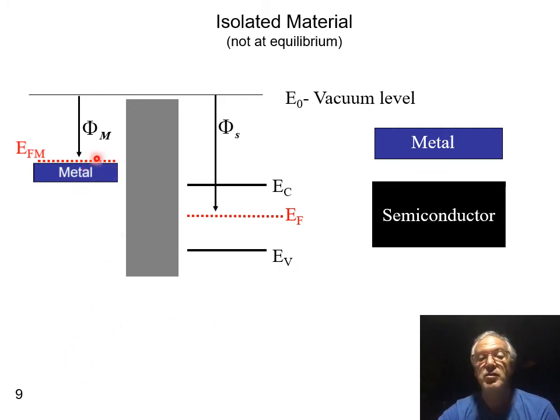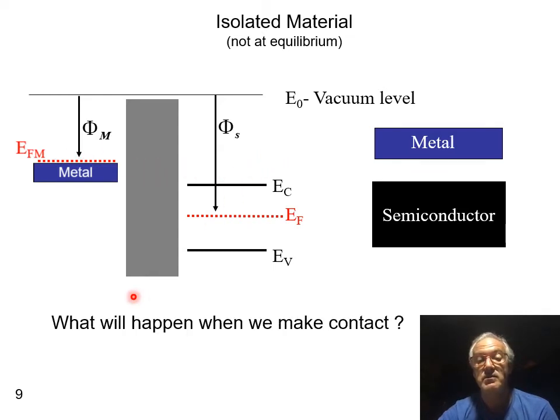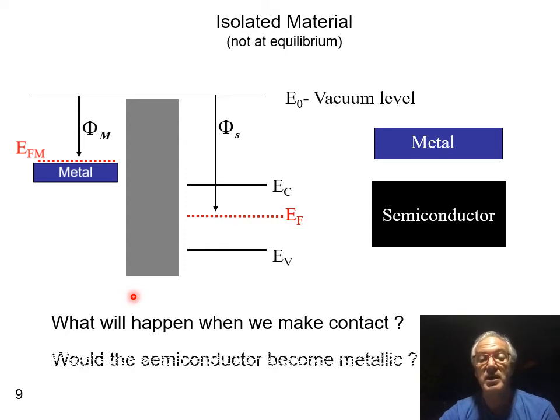If we remember what we said before, then charges would flow from one place to the other to equilibrate the Fermi level. And the question now is, since the metal is above the conduction band, if the Fermi level would simply be extended like that, then we'll have a metal.